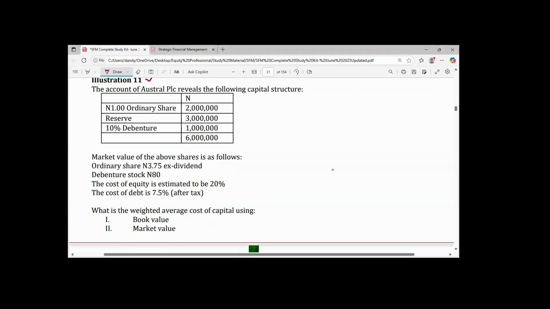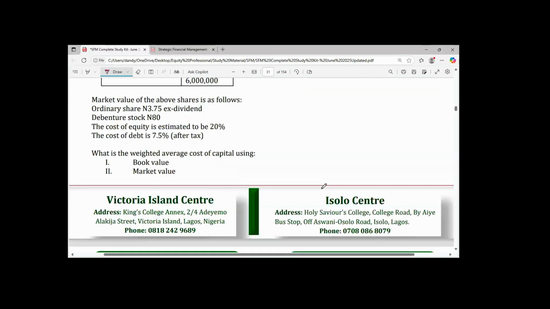The market value of the above shares is as follows: ordinary share 3.73 naira ex-dividend, debenture stock 80 naira. The cost of equity is estimated to be 20%. The cost of debt is 7% after tax. What is the weighted average cost of capital using 1, the book value, 2, market value?